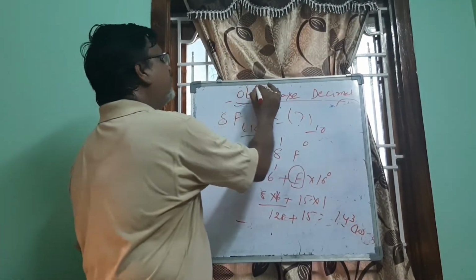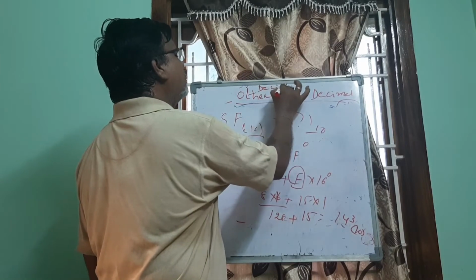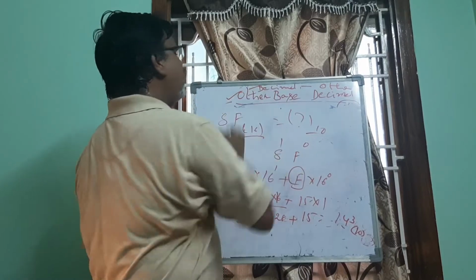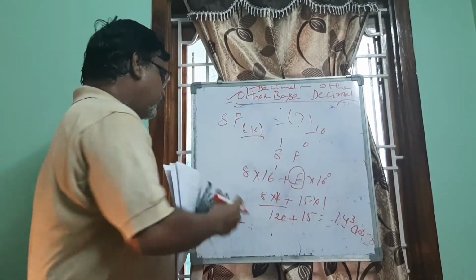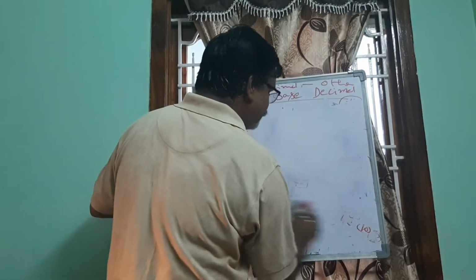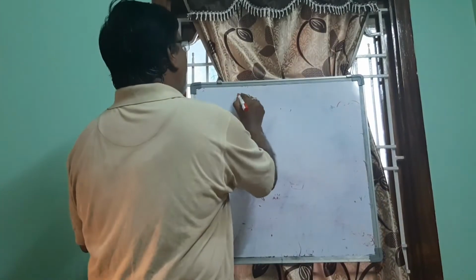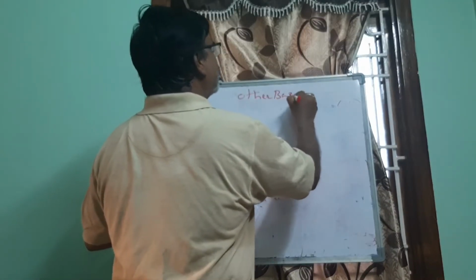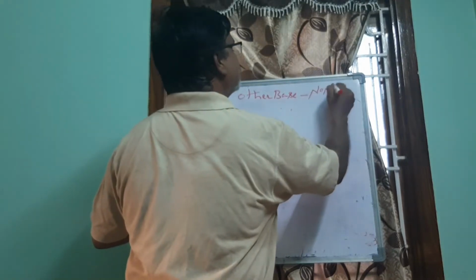So we have completed decimal to other base and converted other base to decimal. Now the third category we are going to convert is any other base to non-decimal.